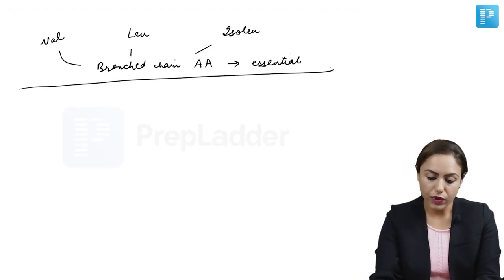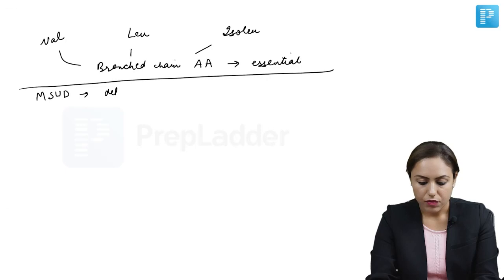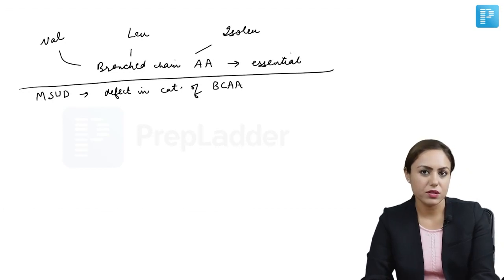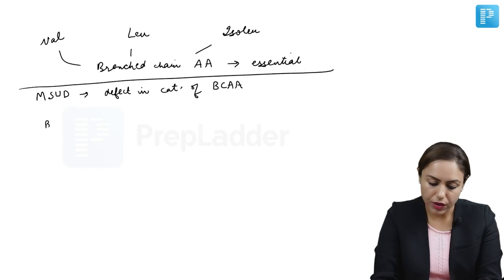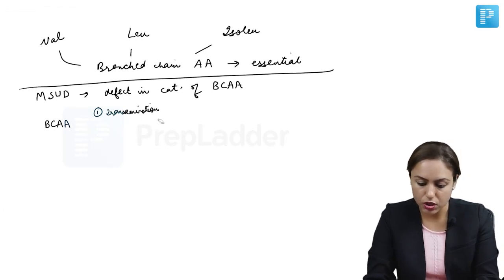Then we will do one disease, that is maple syrup urine disease, which is a defect in the catabolism of branched chain amino acids. When catabolism of branched chain amino acids is occurring, the first step is the transamination step, and there is formation of branched chain keto acid.